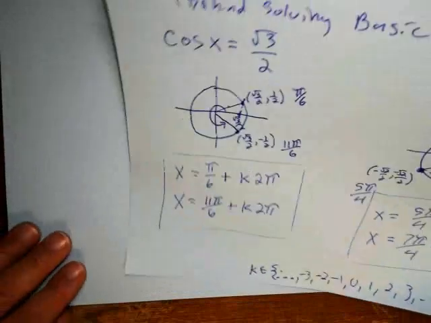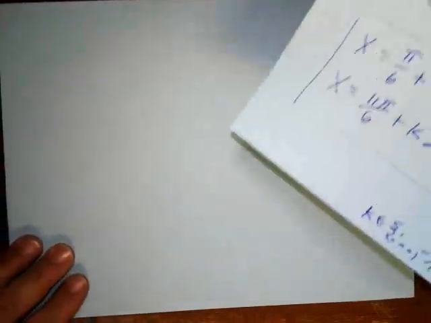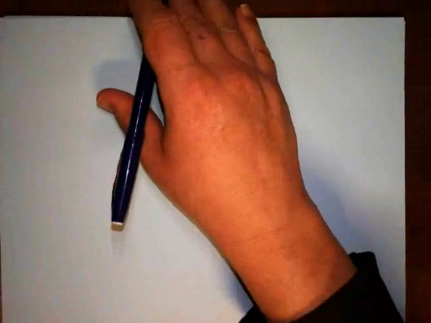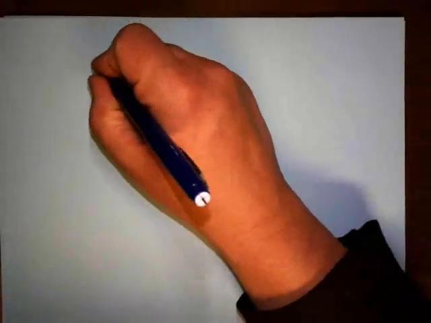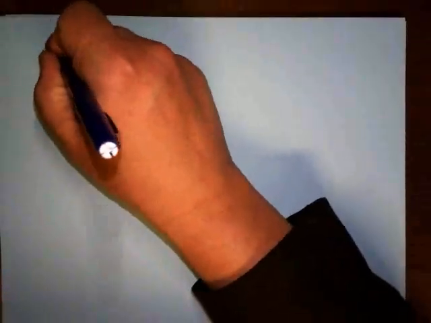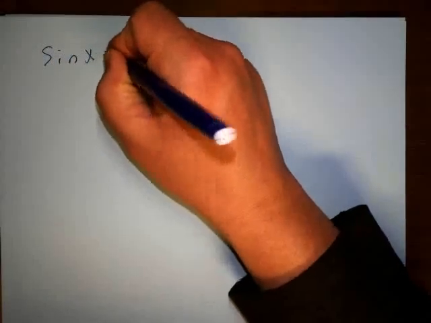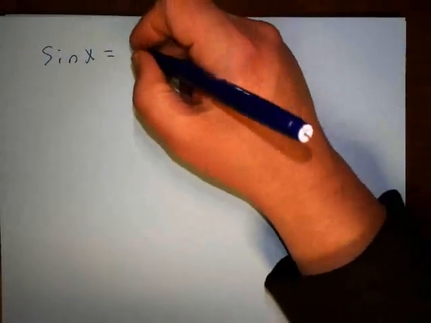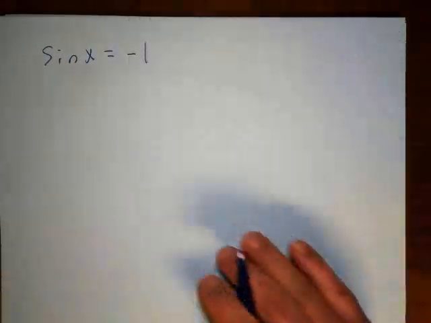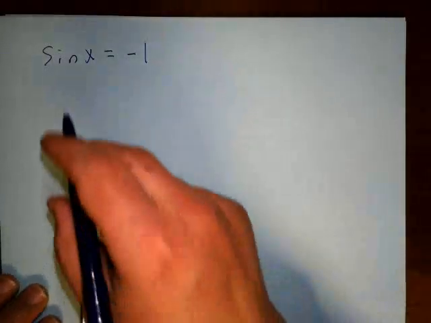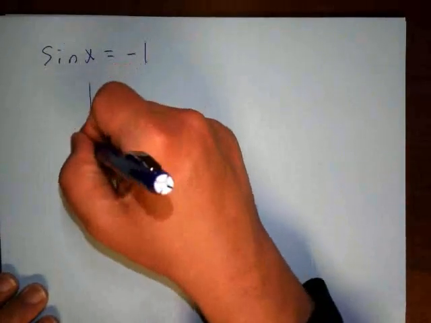Let me show you a couple other things. For sine or cosine, there's an equation that's kind of a special case, and when you draw it out, you would see it. This would be one of them: sine x is equal to -1.